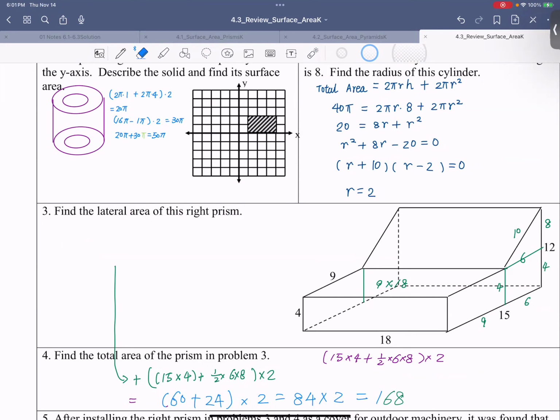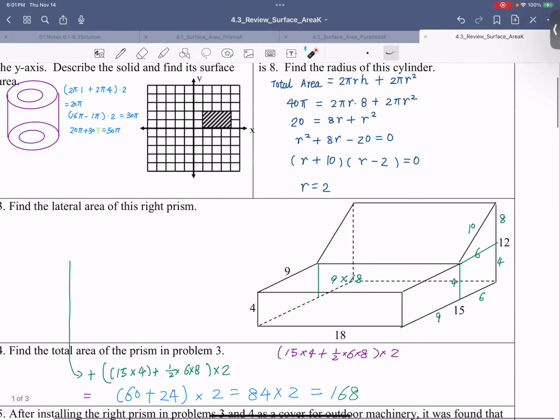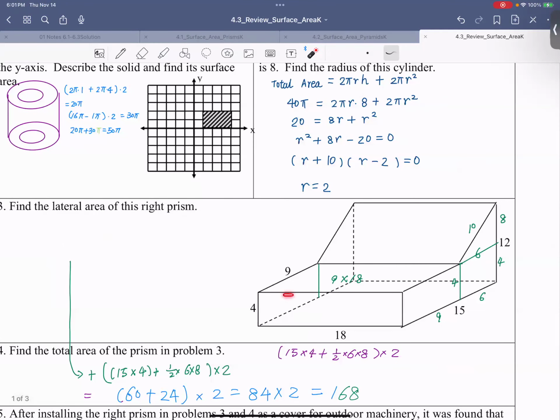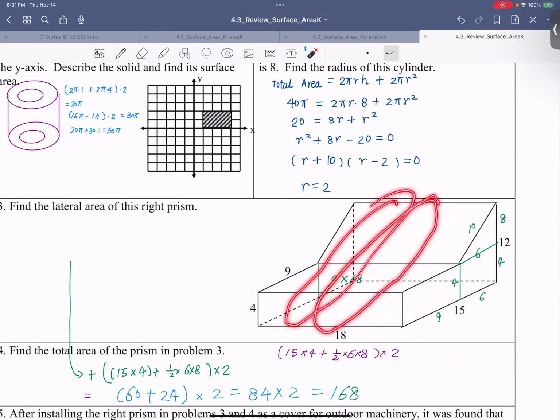May, unmute yourself. Let's try here. You want to calculate the lateral surface. So for the lateral surface, we treat this one, that one, all the way, as the lateral surface. Go.